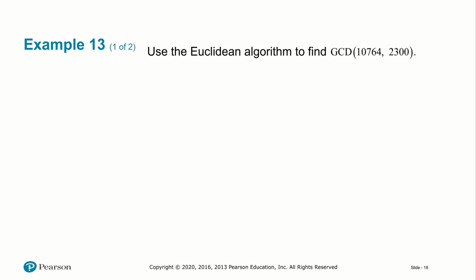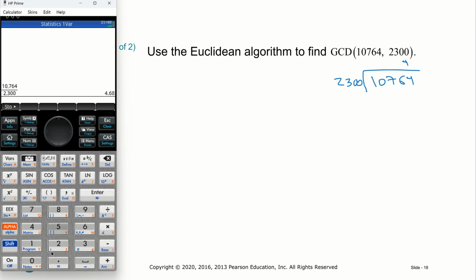let me do it on this side so I can bring my calculator. So now I'm going to multiply 2,300 by 4.